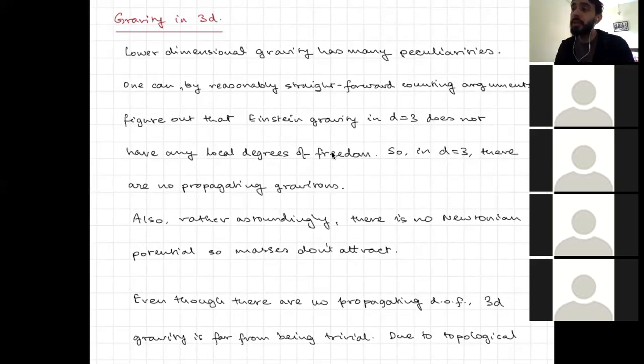So in 3 dimensions, as in 2 spatial and 1 time direction, there are no waves. There's something even more interesting and astounding: if you try to take the Newtonian limit in d equal to 3, things don't work out, there is no Newtonian potential, and weirdly enough, masses will not attract.